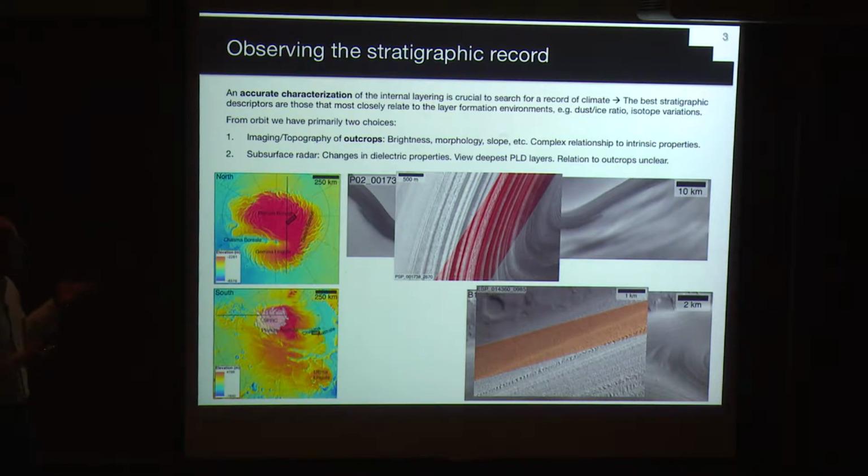So from this data, we're basically looking at the outcrops. So the information from the layers is actually information about the outcrop. We're getting brightness, morphology, slope, topographic expression, all at the outcrop. And so the relationship between the properties of the layers at the outcrop and the internal layers is very complex.